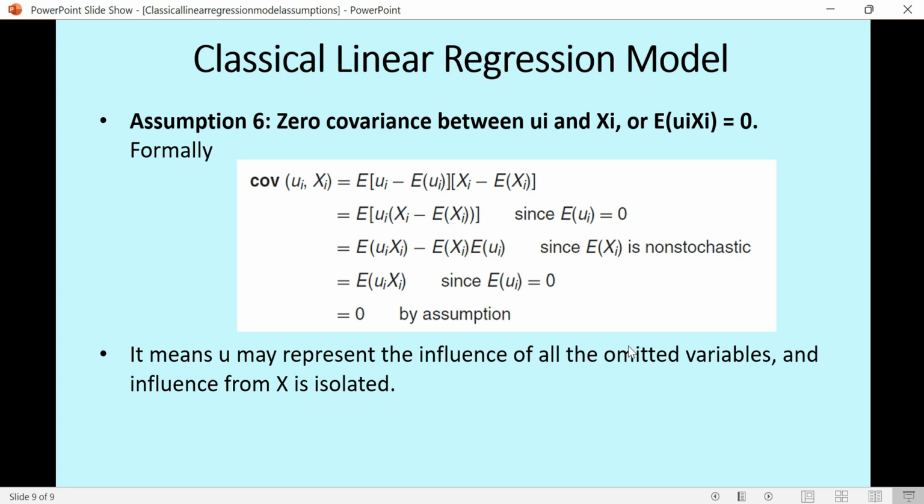They have no correlation. If u and x have correlation, it means we have missed several important variables in the model which should be included in the independent variables. In this case, we have to find more relevant variables to include in the model to make ui and xi have no correlation. So these are the six very important assumptions in the classical linear regression model.